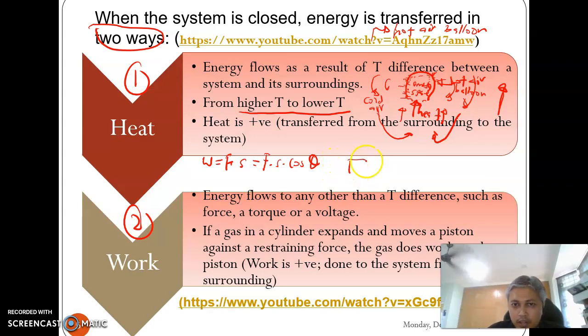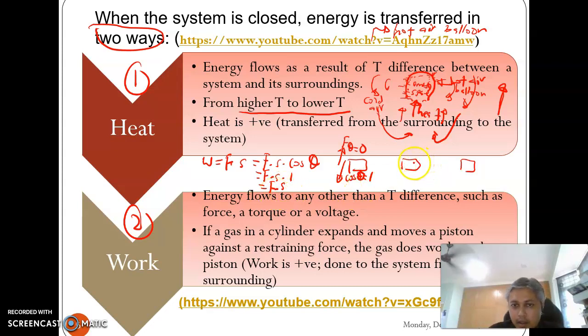If we have three conditions here, the first one is force goes up, displacement goes up, so the theta here will be 0, and cos 0 is equal to 1. That's why we will get force times s times 1, so we get F dot S here.